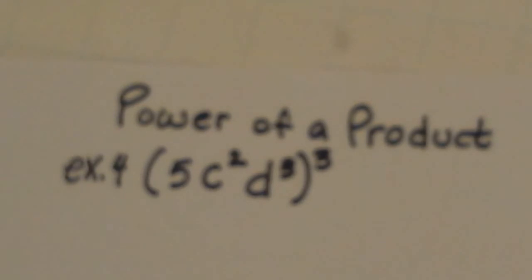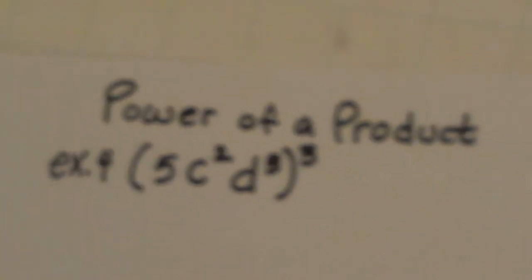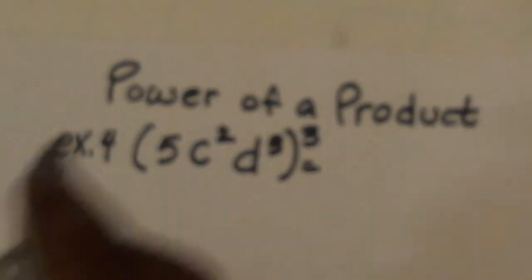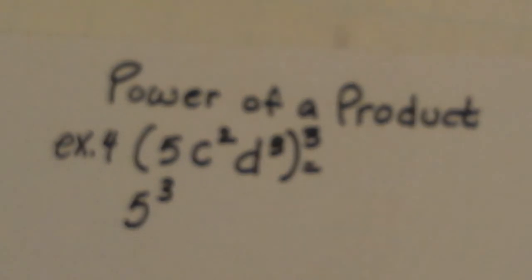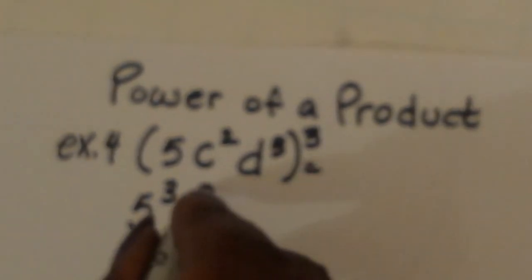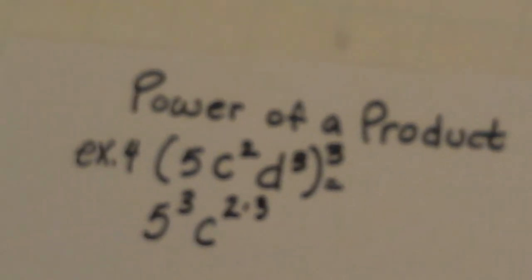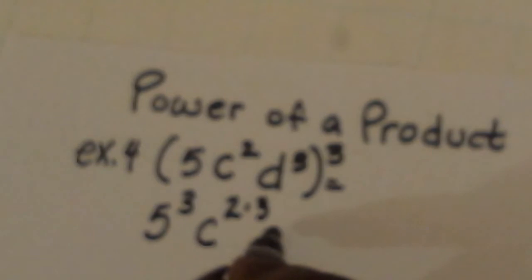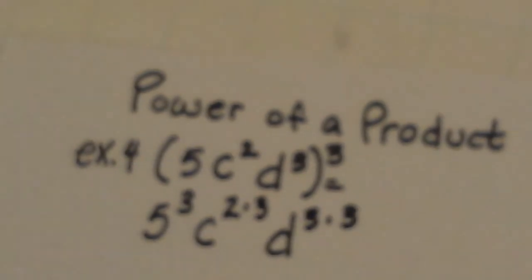So the first thing you have to do is raise each factor in the term to the third power. So we get 5 to the third power, c to the, remember we need to multiply those powers, so c to the second times the 3, and d to the 3 times 3.